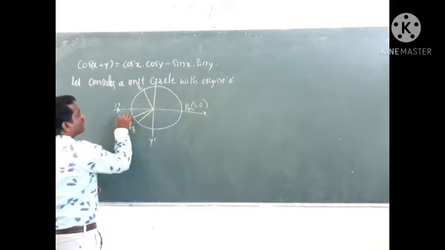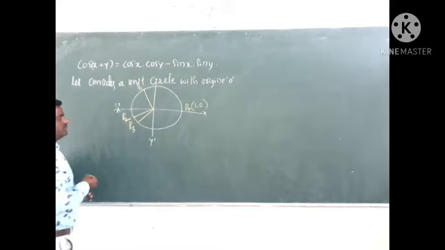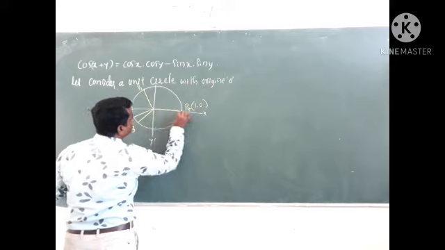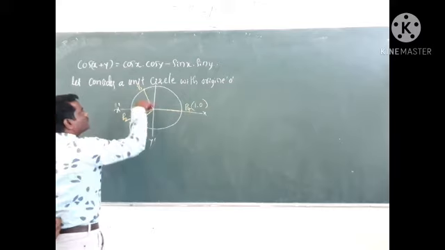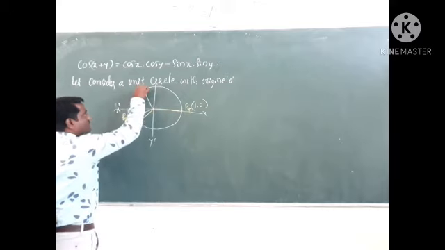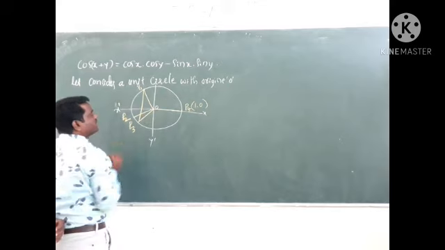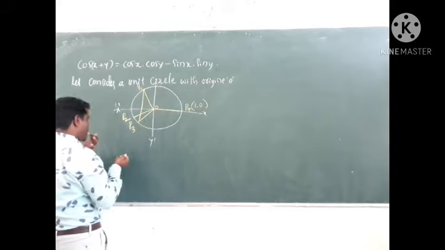This is P2, and from this is the line. And how to make these two lines as an angle? P1 O P3 is the angle in the circle.